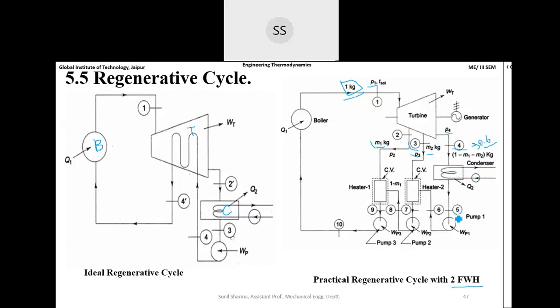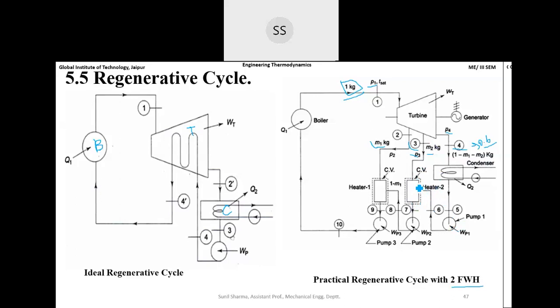This water is pumped with the help of a pump, and then moves to heater number 2, where P3 pressure and m2 kilogram steam is available to mix with it. We are pumping this water to the pressure of P3 only, so that direct mixing may take place. So direct mixing of this steam and this water takes place here.